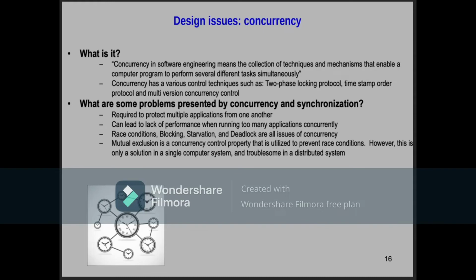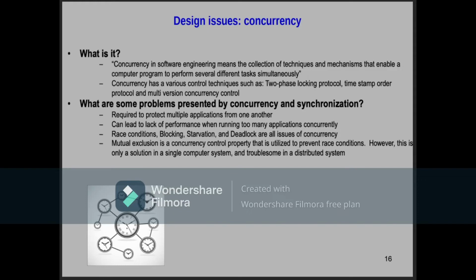So of course, there's certain control techniques that concurrency contains that would be two-phase locking protocol, timestamp order protocol, multi-version concurrency control. So these are all certain techniques that will help develop concurrency and making sure everything works simultaneously. And synchronization, of course, goes along with concurrency.